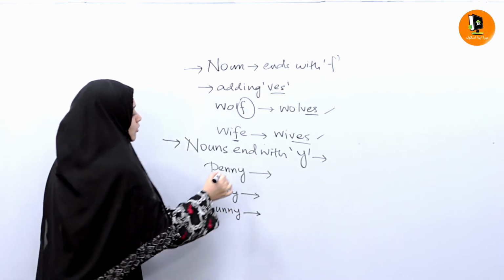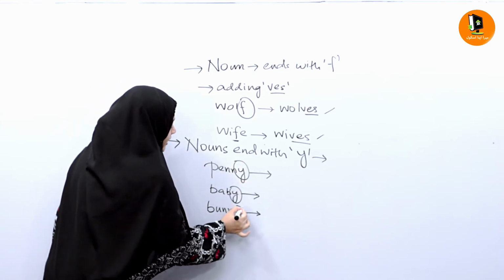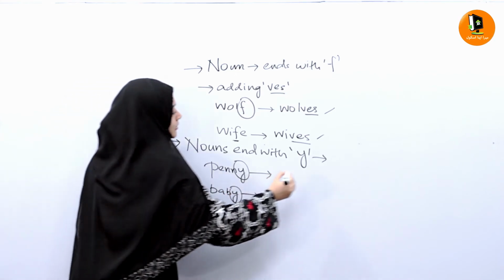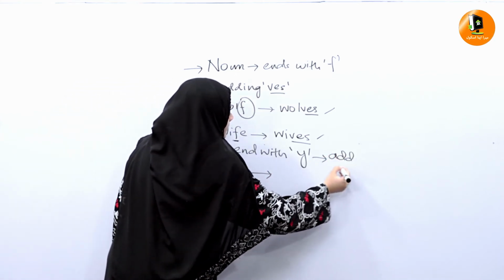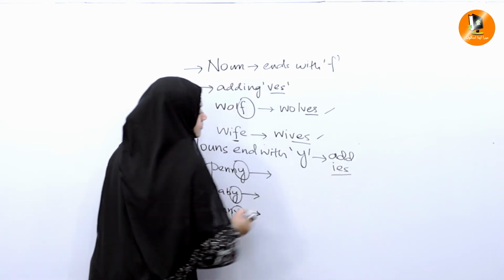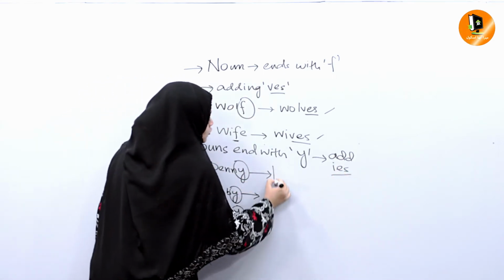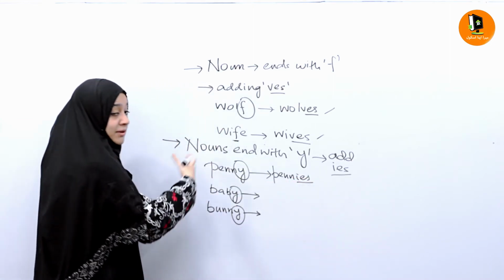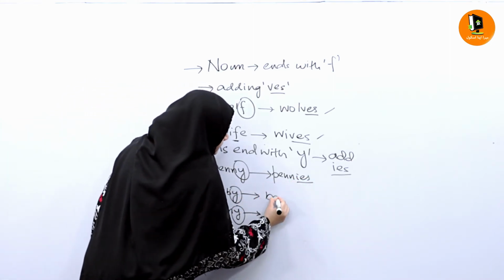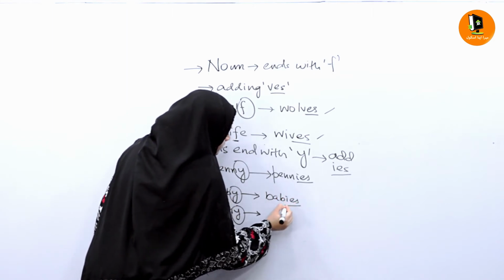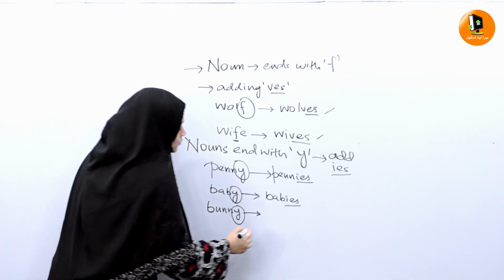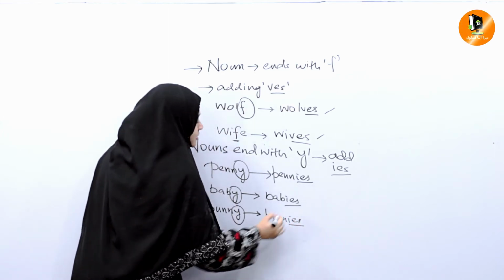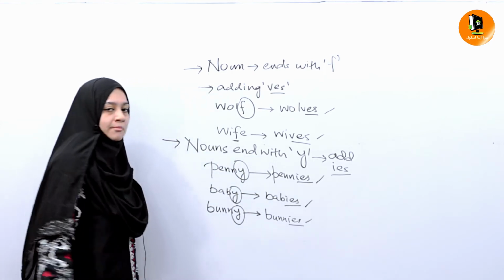In these cases, all the nouns are ending with the letter Y. You can simply make it into a plural by adding IES. So the penny changes to pennies. And the baby changes to babies. Bunny changes to bunnies. And you have some quick plurals made.